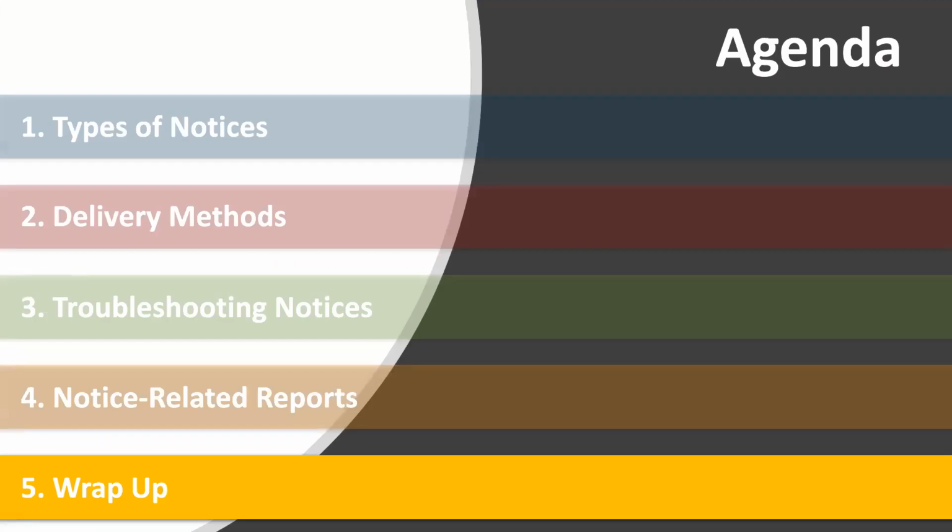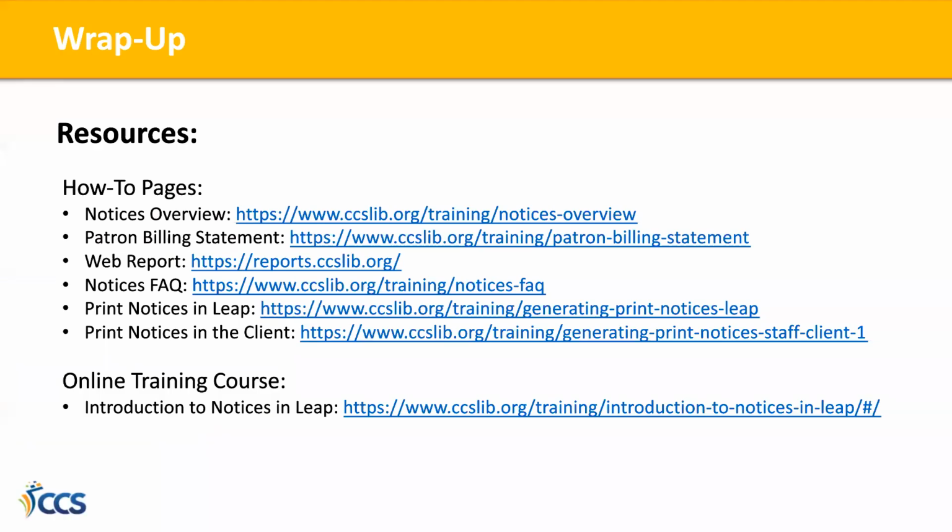So quick wrap up. Today, we talked about the different notice types that are sent out. We talked about each delivery method available to patrons, and we reviewed what constitutes a notice error. We checked out some common troubleshooting tips that will hopefully help you in your future endeavors with patrons. So again, we've got a number of notice resources on our website.